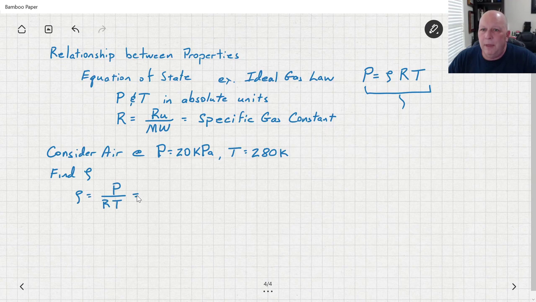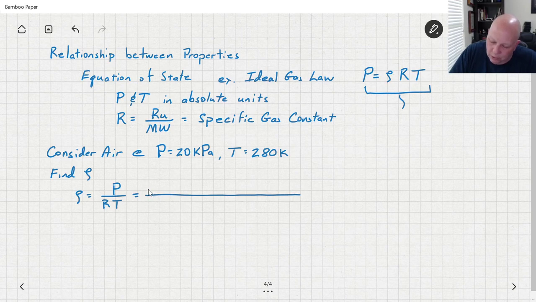To be able to sub into this, I've got the pressure already. Let me write it in here. Pressure is 20 kilopascals. Temperature was 280 Kelvin.